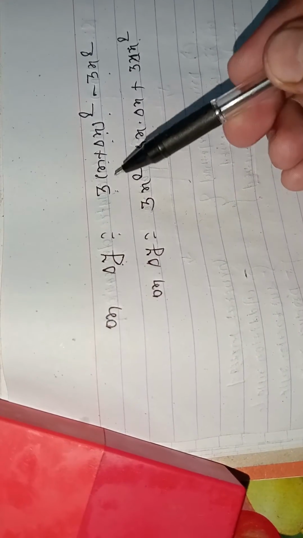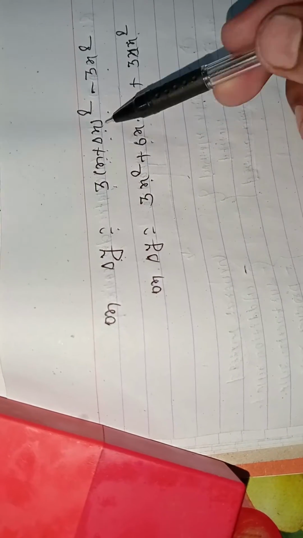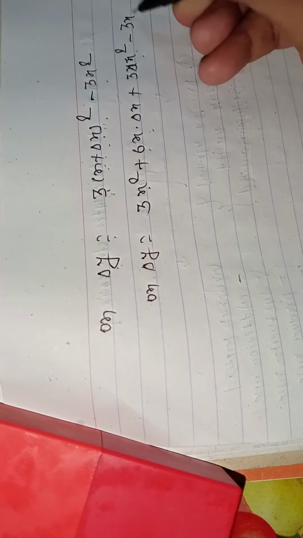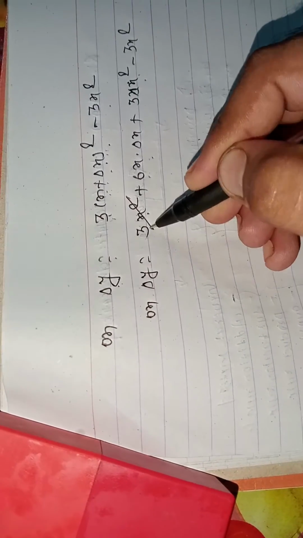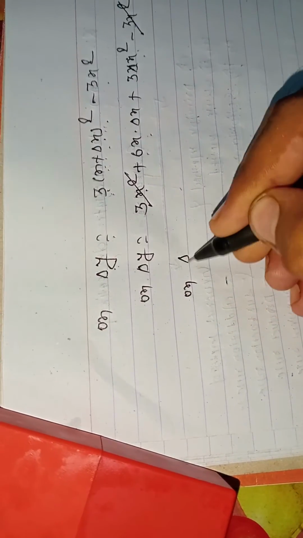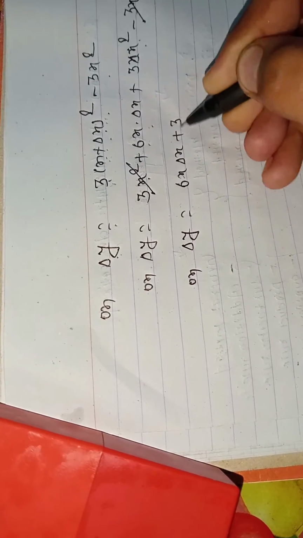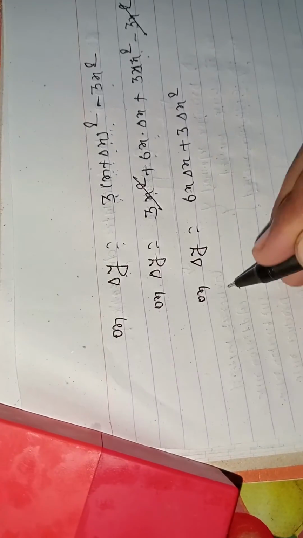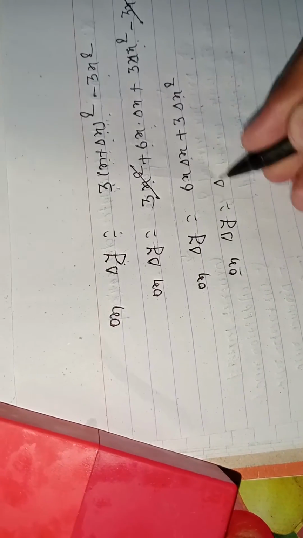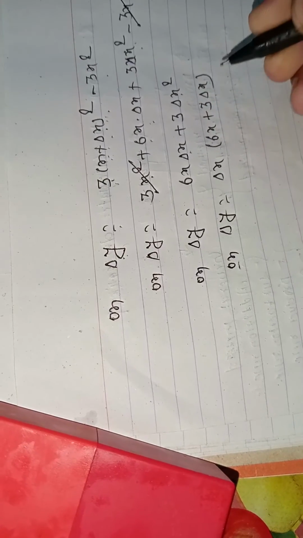So 3 is multiplied to a square, 3x square; 2ab, 3 times 2 is 6x delta x; plus 3 delta x square minus 3x square. Simply you cut 3x square minus 3x square, so delta y equals 6x delta x plus 3 delta x square, or delta y equals, what is common here, delta x, so write down delta x times (6x plus 3 delta x).